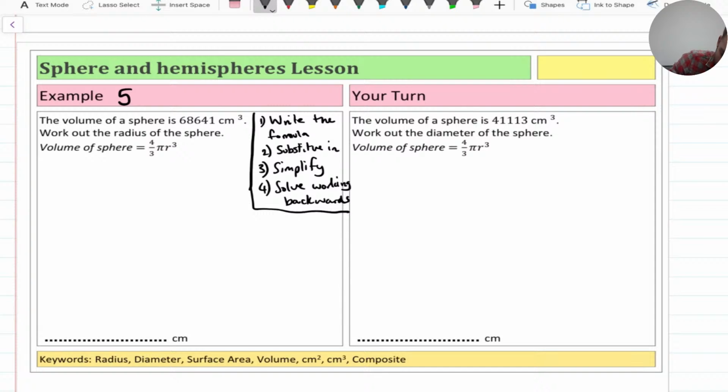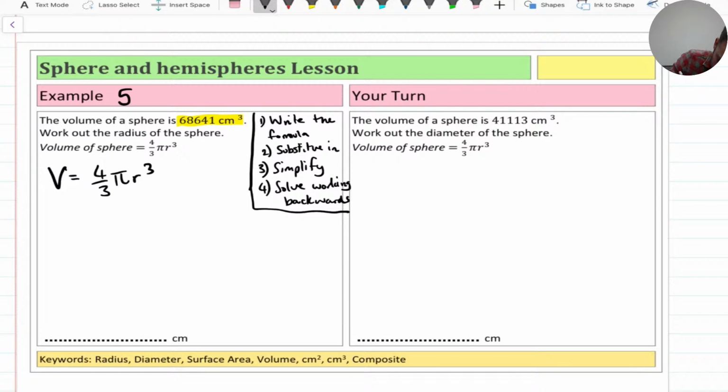So we know that we're dealing with the volume, because it says that the volume of this is 68,641. So I'm going to need to write down the formula for the volume, which they've already given us here. So the volume is equal to 4/3 pi r cubed. So that's my step 1. Then I substitute in.